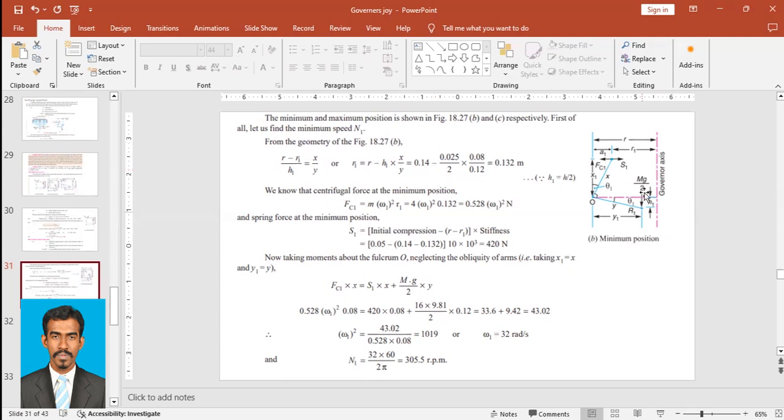But here it is only half of the movement, since total h is 0.025 but we are calculating only h1. The other part is h2. So we are calculating 0.025 by 2 into x upon y. The length of the ball arm x is 0.08, and y is 0.12. When you solve it, you will have 0.132 meter. So r1, the radius while rotating at minimum speed, is 0.132 meter.